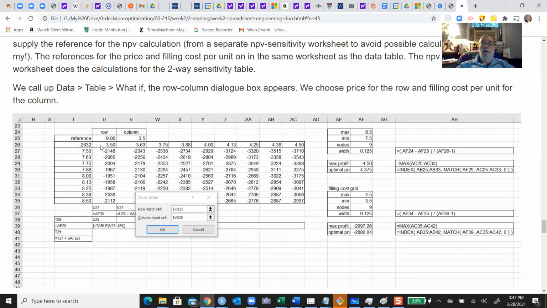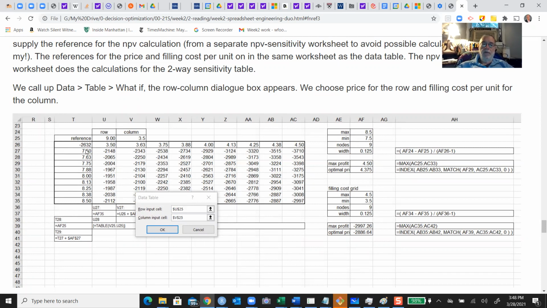When we do that and go to data, the data tab, and what if, and we go to data table, what if, and then we go to data table itself there, we get this dialog, which asks us to input what this is. Now, what it's going to do is take this and dump it into the place where that minus 2632 is calculated.